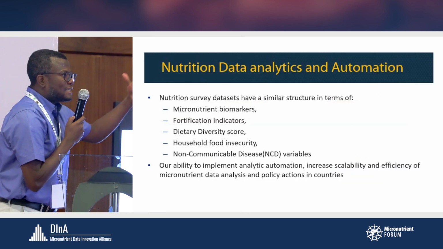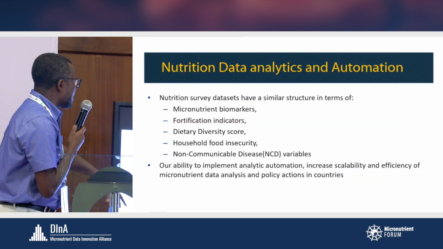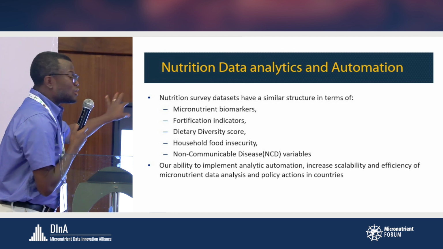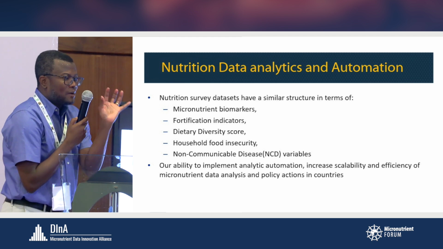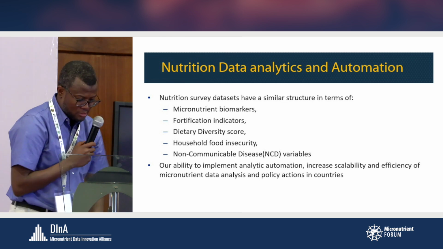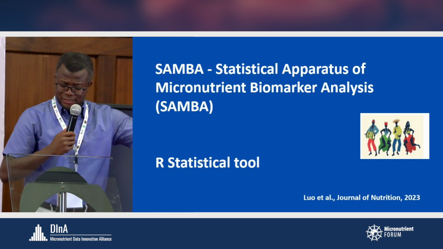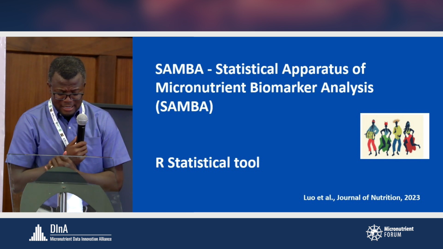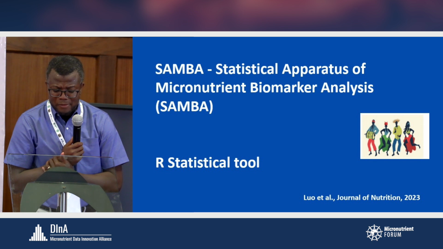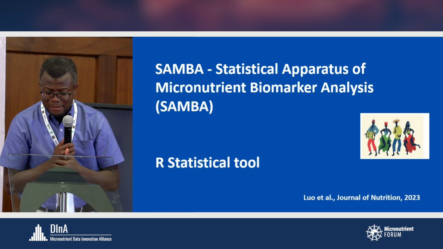The next kind of app that we've been building is a way of encapsulating all this into one package where you can generate results based on those levels. This is not in the app stage, it's in the GitHub stage, for programmers. It's called Statistical Apparatus for Micronutrient Biomarker Analysis, and the acronym is SAMBA.